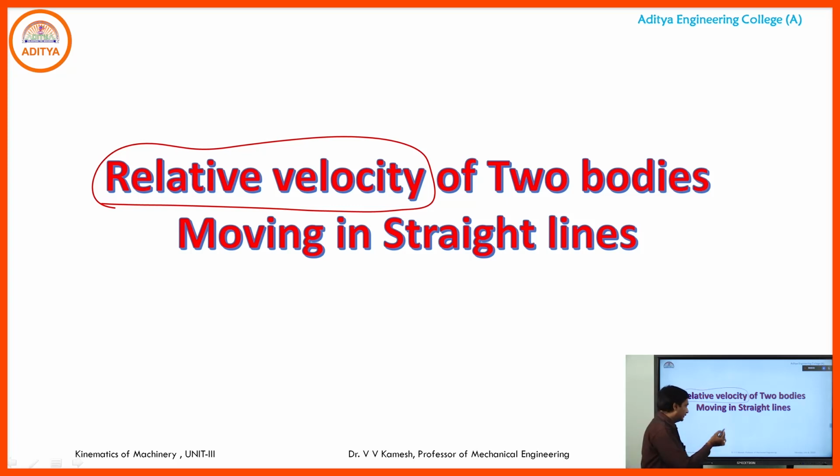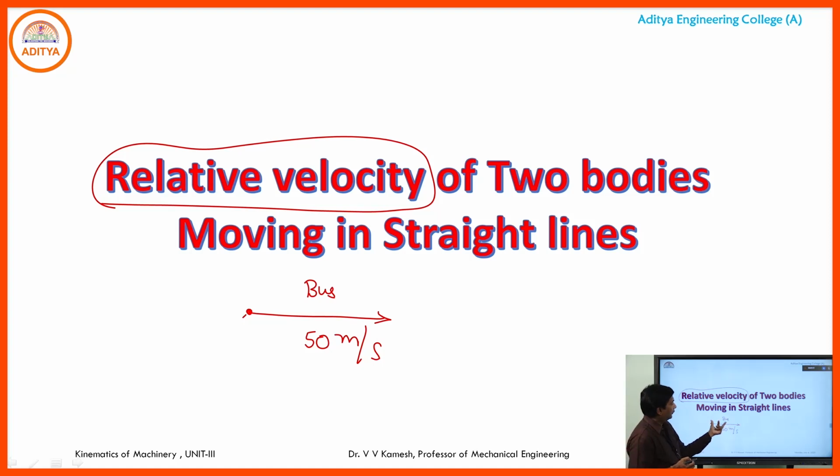That means suppose a body is moving with some velocity. Suppose we are having one bus moving. Suppose this bus is moving from an origination station with 50 meters per second, right?